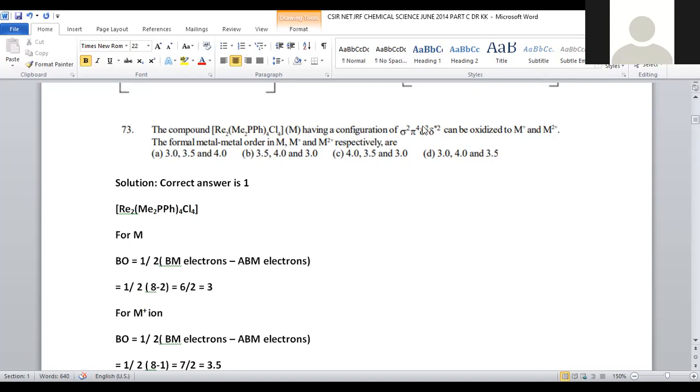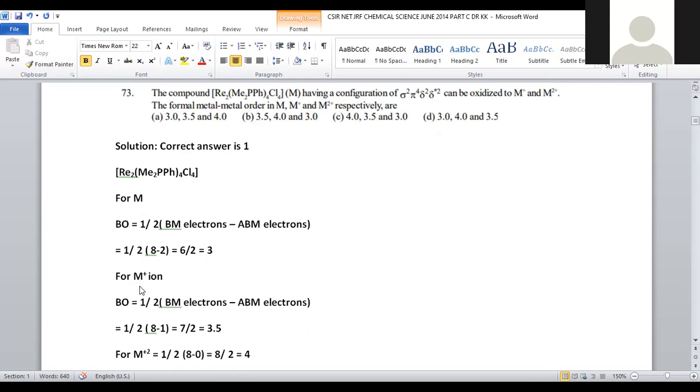Bonding electrons are 8. Anti-bonding electrons, how many star electrons are there? Only 2. So 8 minus 2 is 6, 6/2 is nothing but 3. So for the zero oxidation state metal, the bond order will be 3.